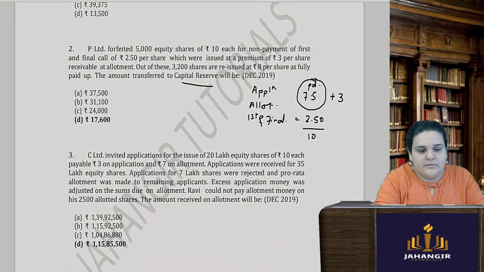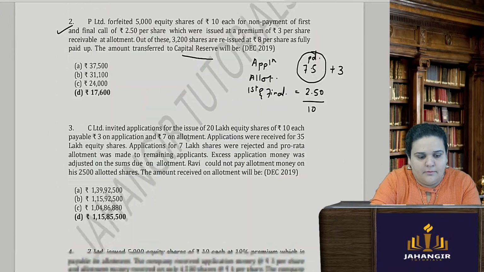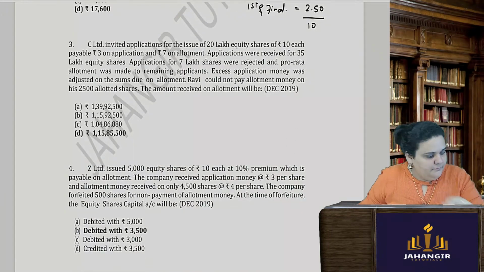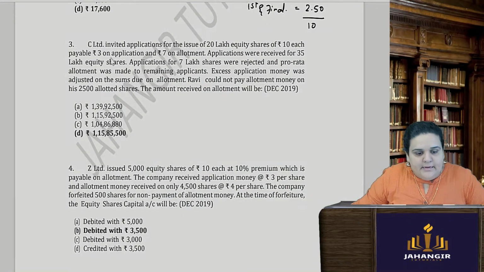Now let's go to question number 3. C Limited invited applications for the issue of 20 lakh equity shares of rupees 10 each, payable 3 on application and 7 on allotment.